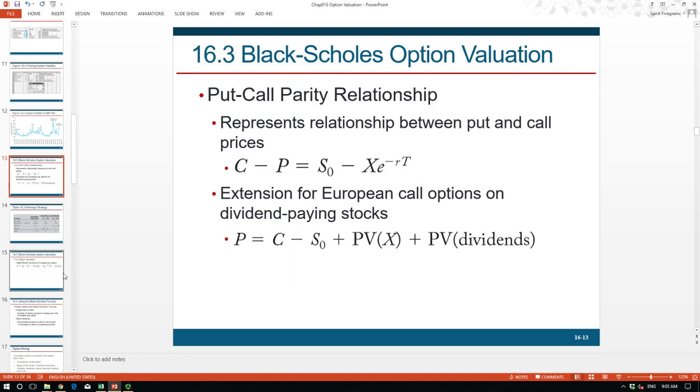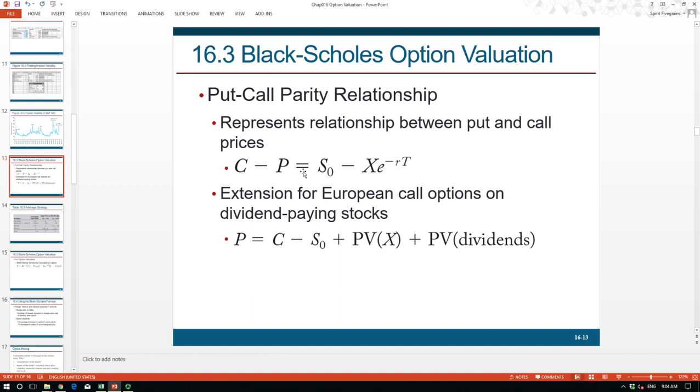And the relation looks like this. The difference between the call option price and the put option price must equal the difference between the stock price and the present value of the exercise price. So on the left, that is the call option price minus the put option price.